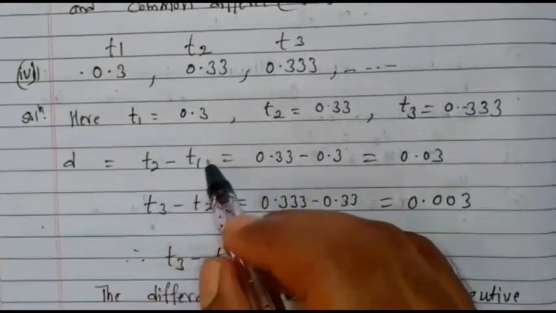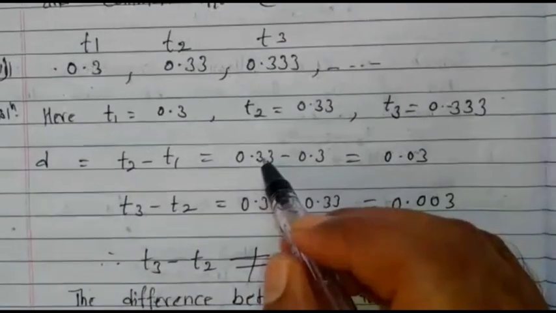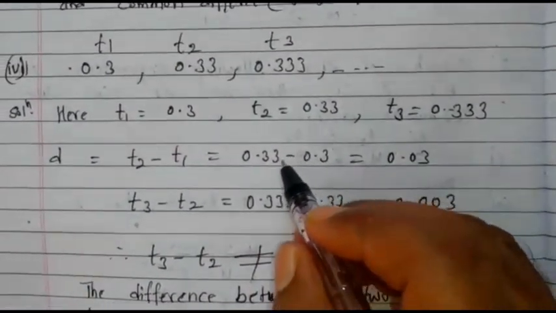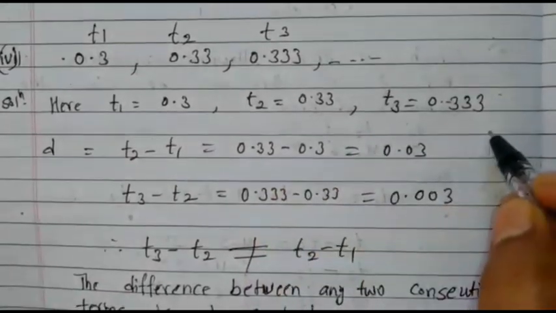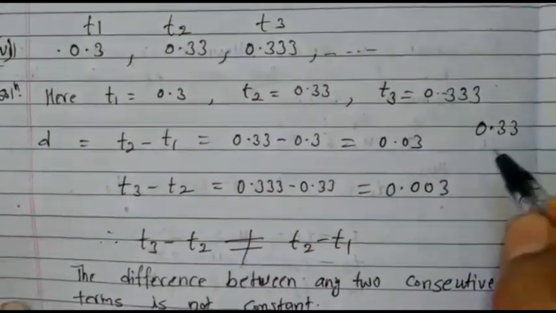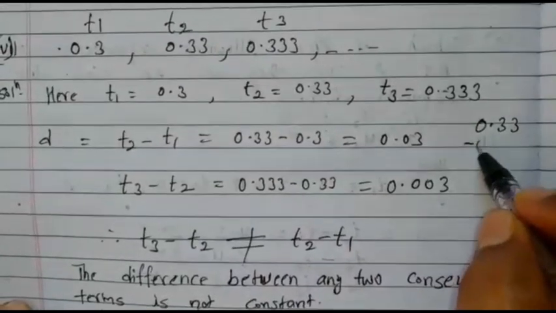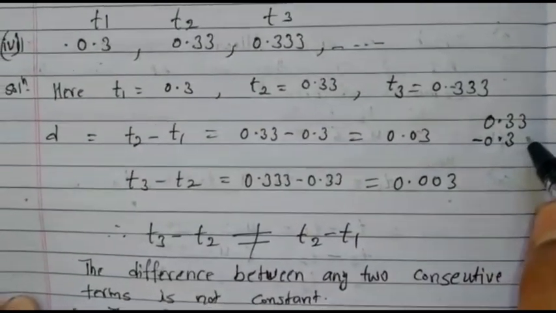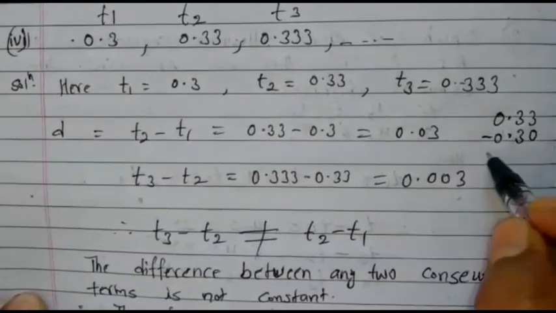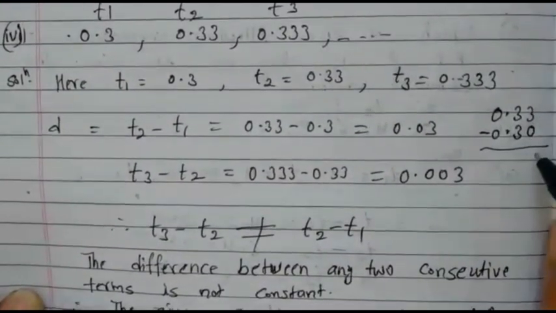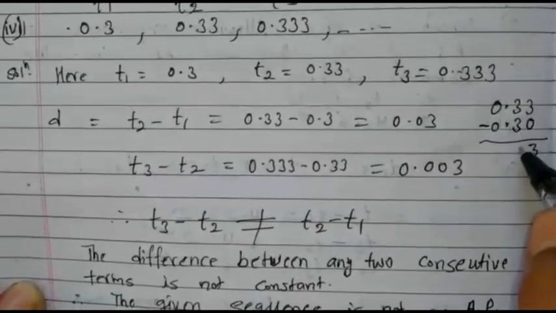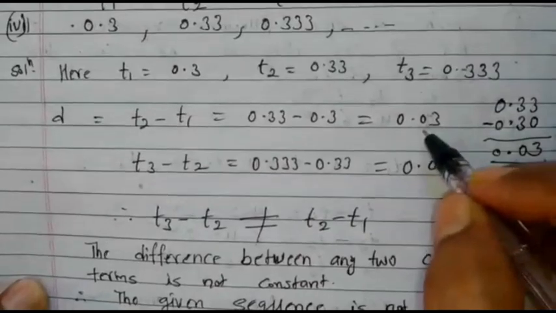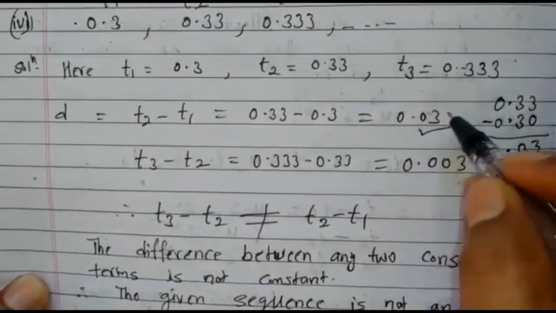The formula is t2 minus t1, so 0.33 minus 0.3. Here 0.3 has one digit, and where there is no digit you can write 0. Now subtract: 3 minus 0 is 3, 3 minus 3 is 0, and put the point. So we got 0.03.